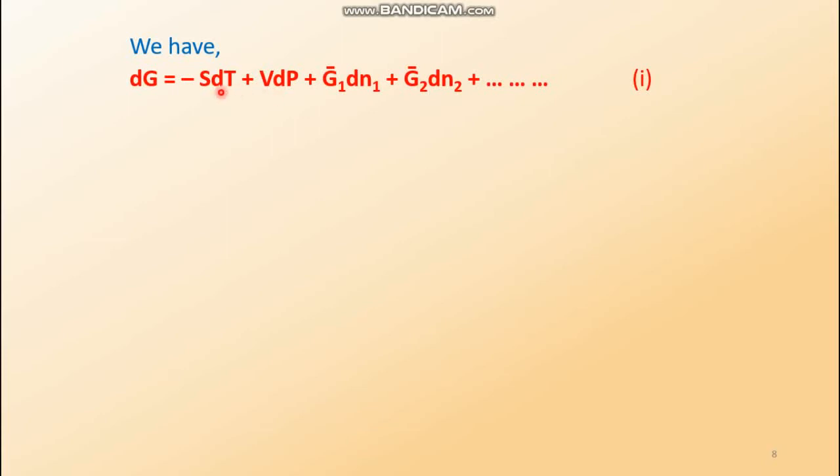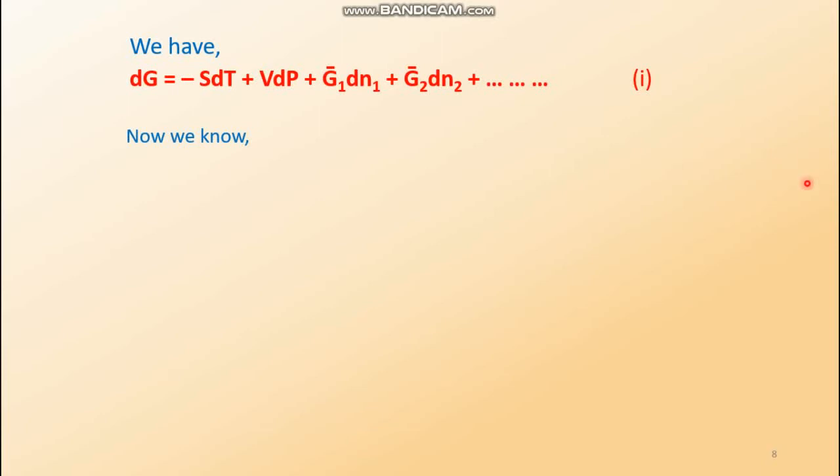So the first and second terms of that equation become minus s dt plus v dp in case of g, and from the third term it becomes g1 bar dn1, g2 bar dn2 and so on, and thus we get equation 1.